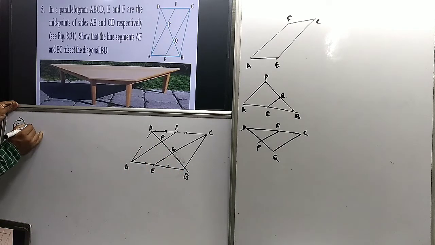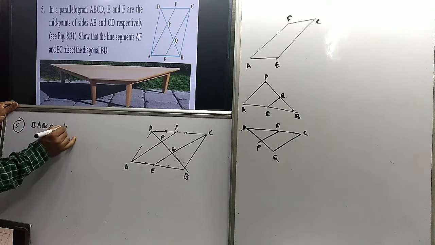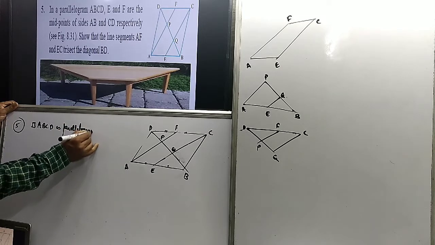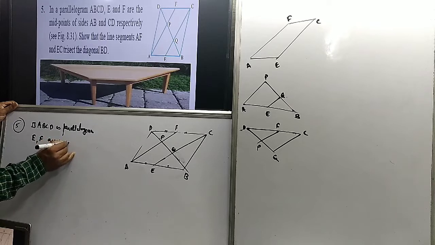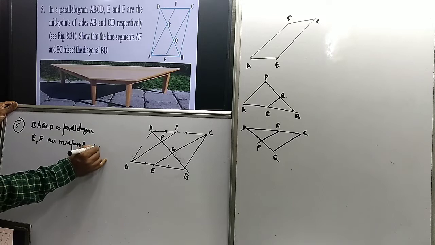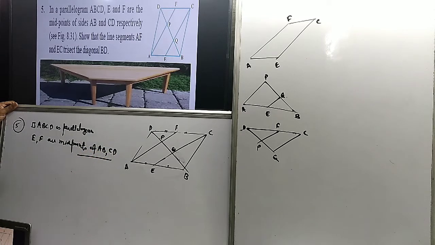First of all, write down what is given. ABCD is a parallelogram. This is the first thing given. Second, E and F are midpoints of AB and CD respectively.